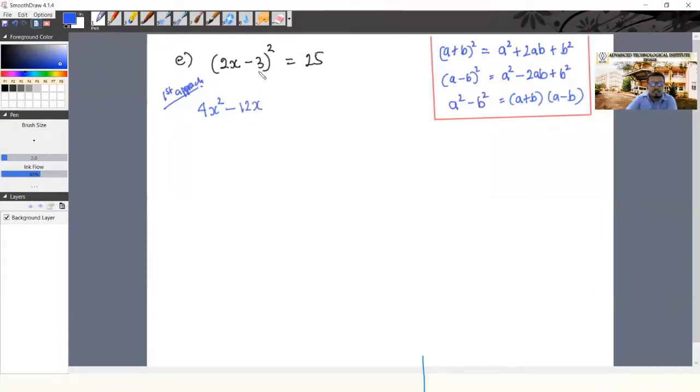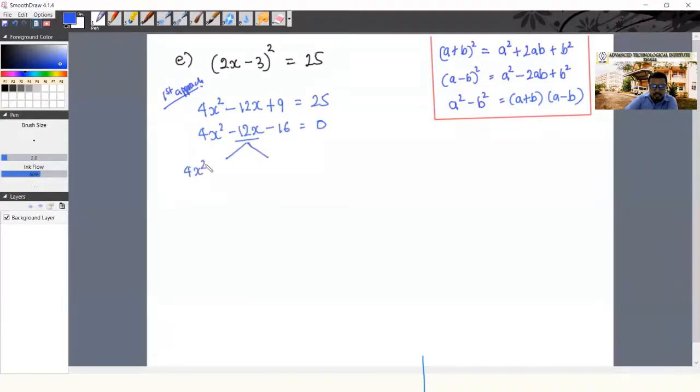Then minus 3 squared is plus 9 equals 25. Take this 25 to the other side, and it becomes minus 16 equals 0.